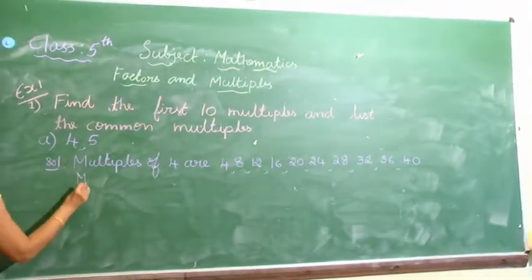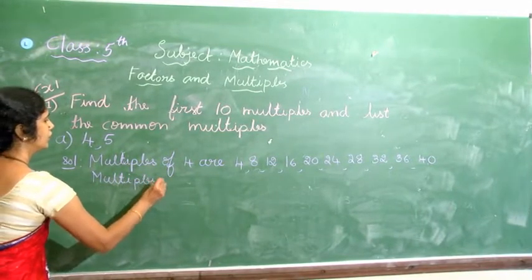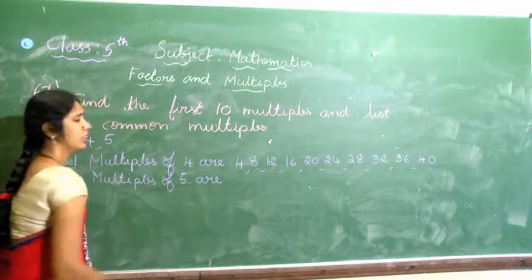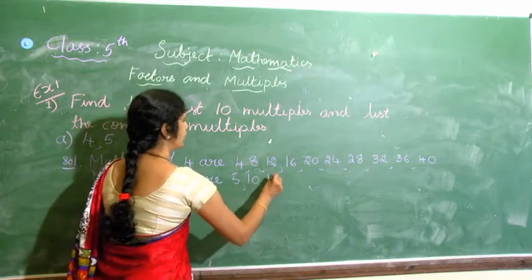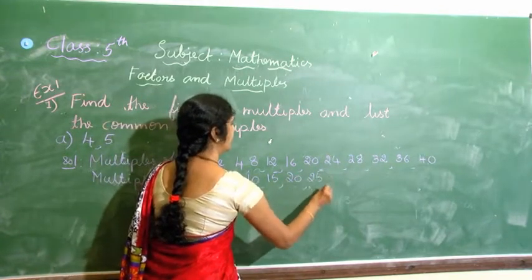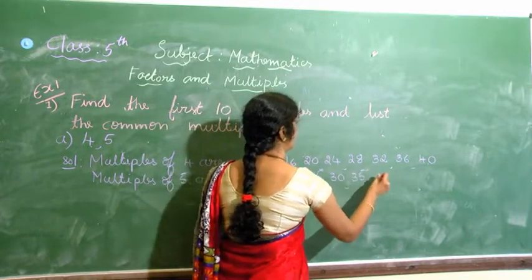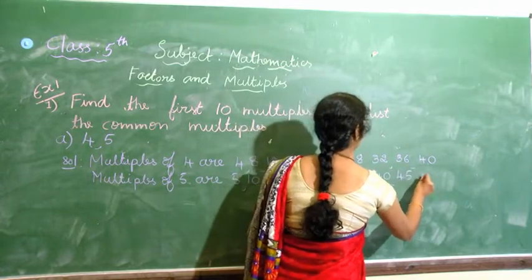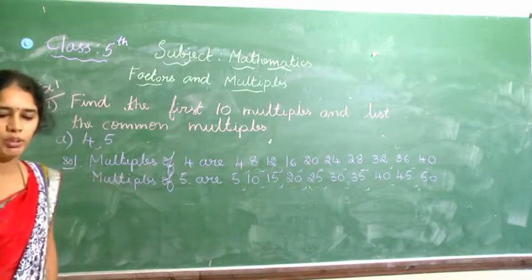Then I will write multiples of 5. So the 5 table: 5, 10, 15, 20, 25, 30, 35, 40, 45, 50. These are the multiples of 4 and multiples of 5.